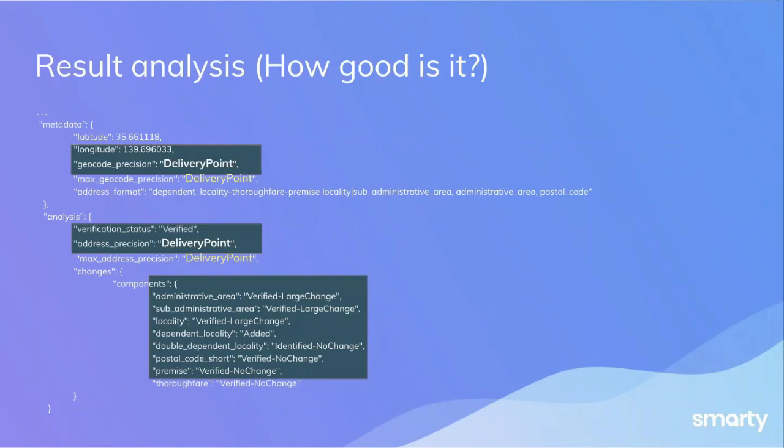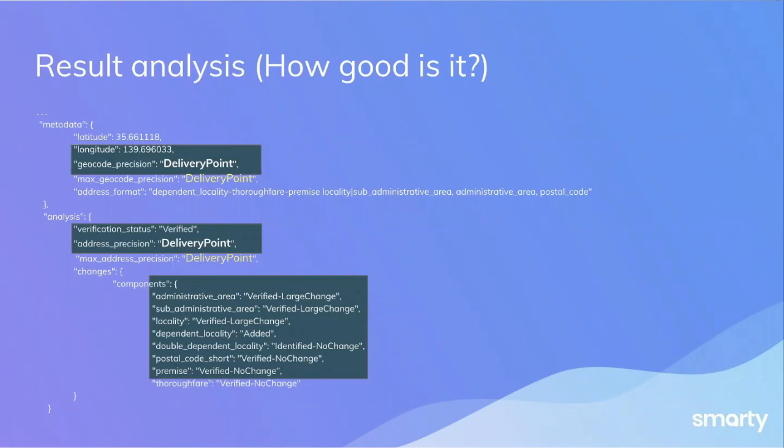The next one that you can see, which is different from the large change, is the dependent locality, which says added. That means you didn't specify it in your input, but we found an address, and so we added that to the result. That's what added means. Identified no change means that you specified something in your input, but we didn't really match it on an address.